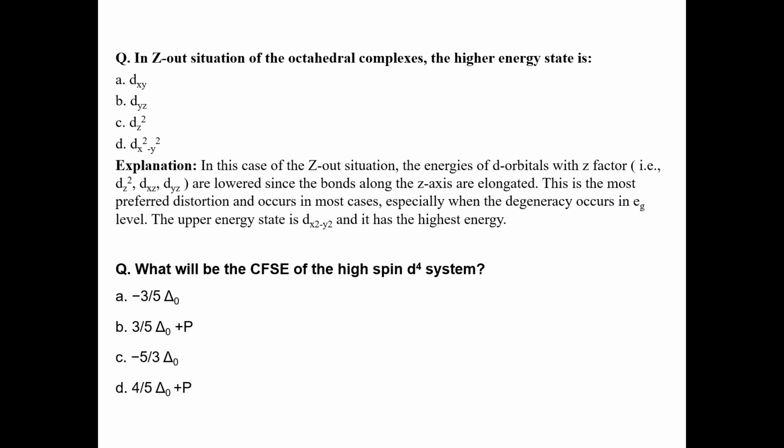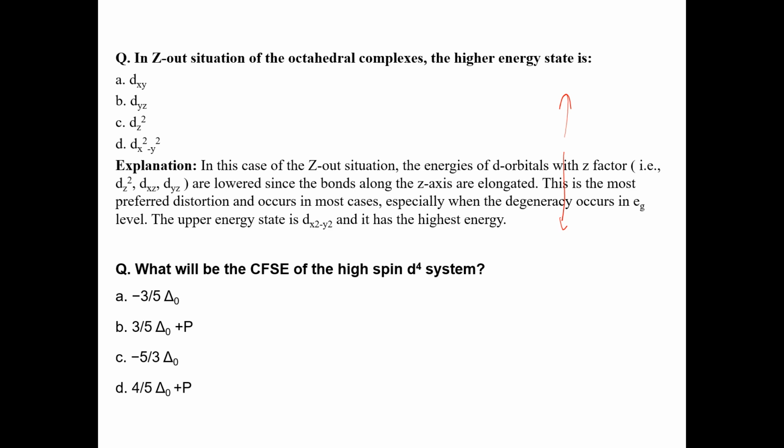In the Jahn-Teller situation of the octahedral complex, the higher energy state is because the bond along the Z axis is out. That is, it is lowering the energy. So in this case, the energy of the d orbitals with a Z factor, dz square, dxz, dyz are lower.